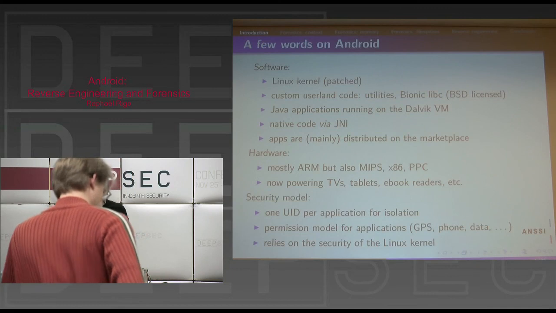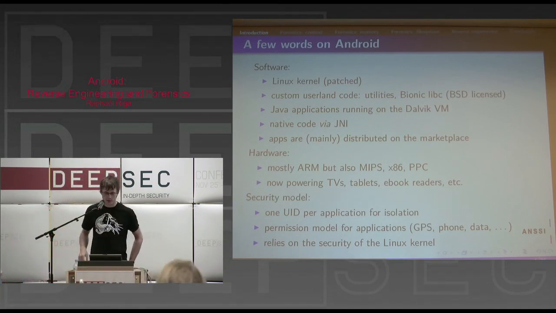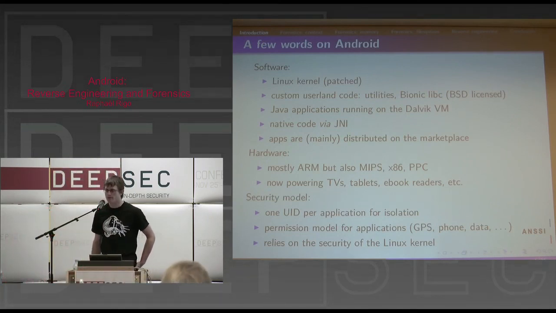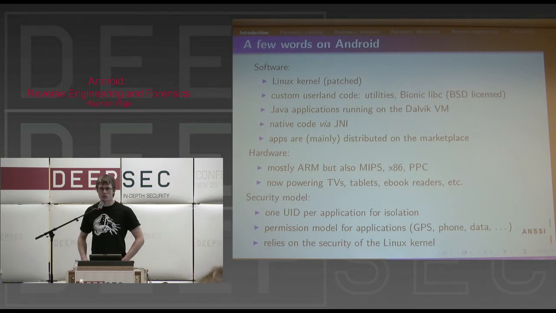I'm not going to give you the talk about cell phones being everywhere. I'll just say a few words on what Android is, because it's pretty specific. It's an operating system based on the Linux kernel, but with a few patches, mainly for device support.